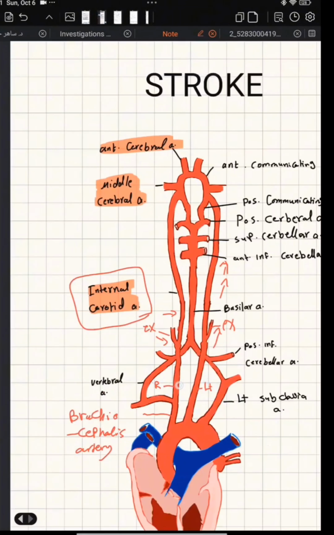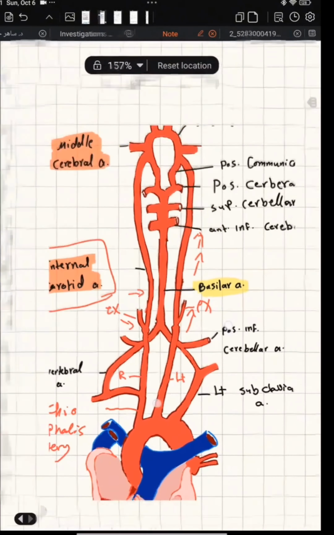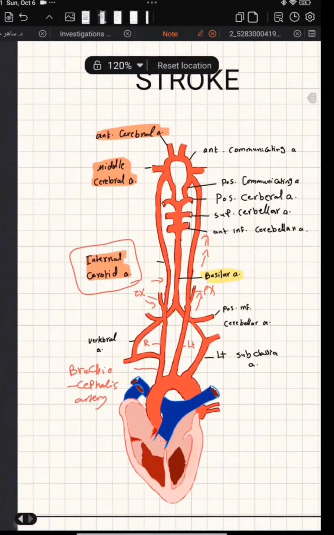The left and right vertebral arteries unite here to form the basilar artery, which is also important. If the basilar artery is occluded or a bleeding occurs within it, this will also result in a massive disaster for the body.